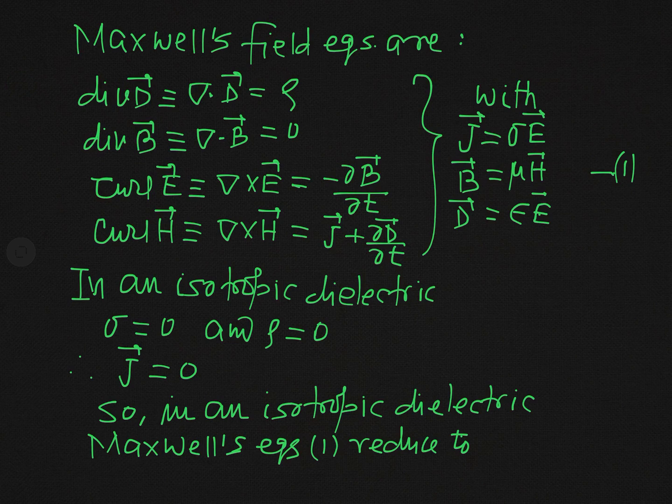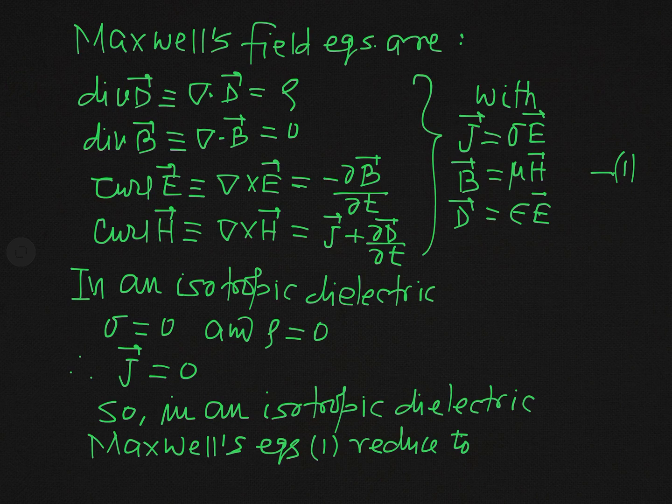You know, Maxwell's field equations are divergence D, which is del dot D equal to rho, divergence B, which is del dot B equal to 0, curl E, that is del cross E, equal to minus del B by del t, and curl H, which is del cross H, equal to J plus del D by del t.